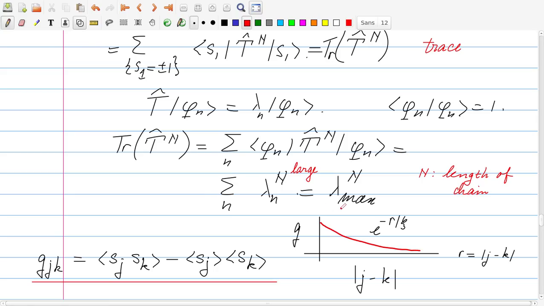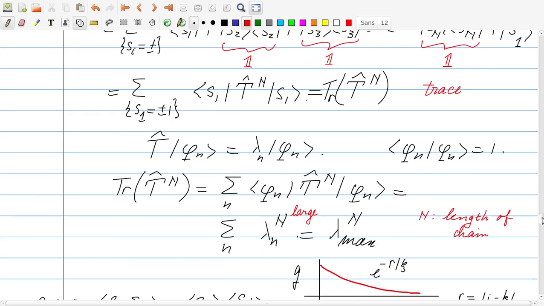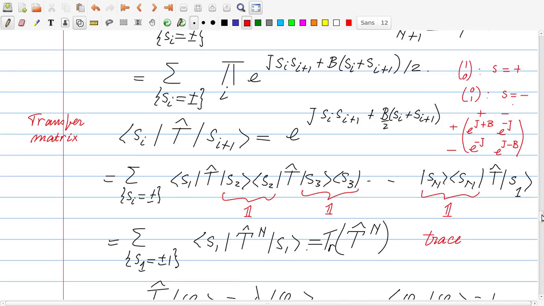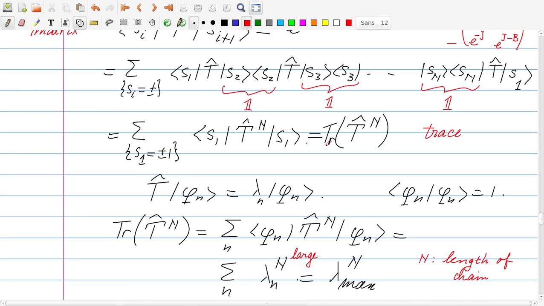So that means that if I diagonalize this matrix, I have, in fact, what did I calculate? I calculated the partition function. I started with the partition function, and then I concluded that that partition function is the same as the trace of T to the power N, and then we have seen that the trace of T to the power N is just the maximum eigenvalue to the power N. So if I can find the largest eigenvalue of the transfer matrix, I'm done.